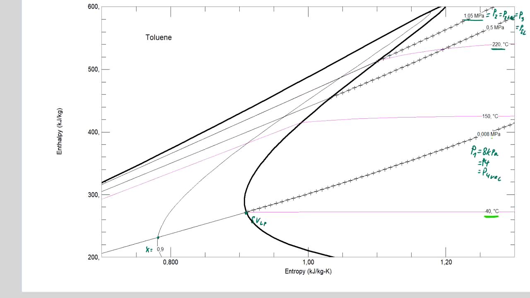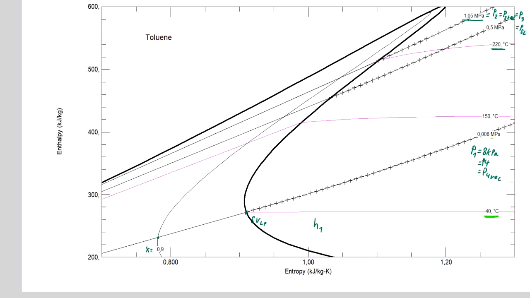Because both enthalpy and entropy go in the wet steam linearly with the quality, we can use that to get the enthalpy and entropy at the point of saturated liquid at the low pressure.